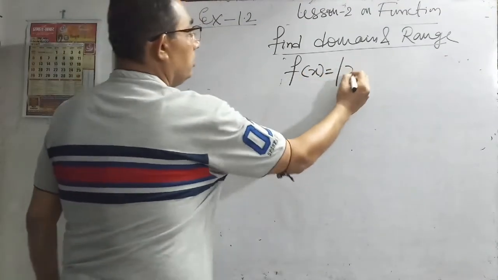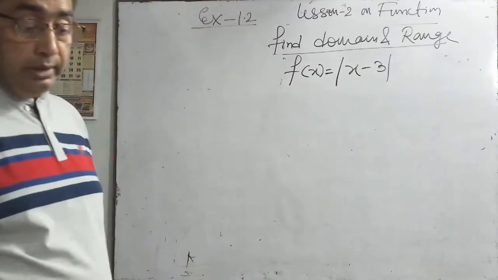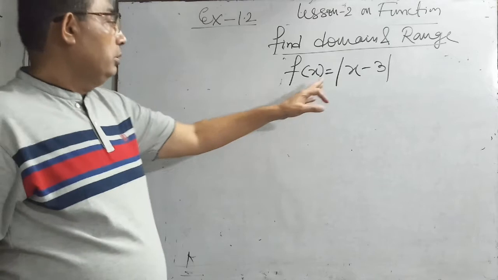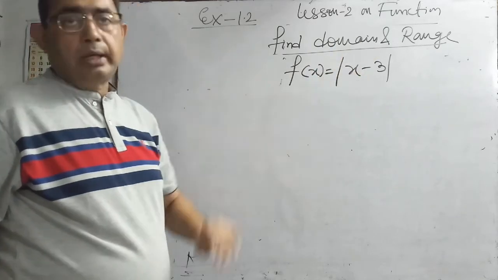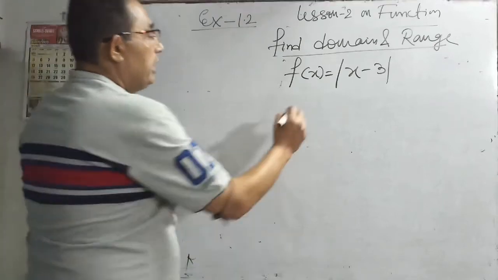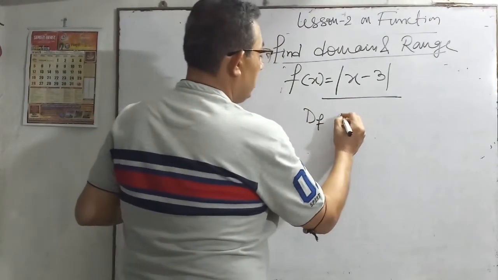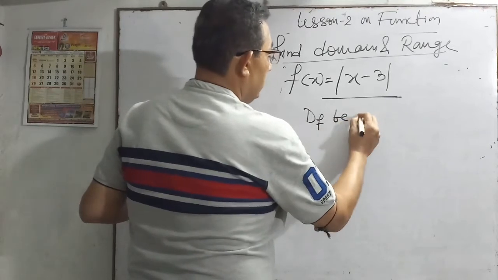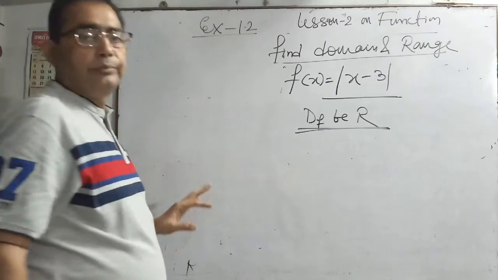Next question. f(x) equals modulus of x minus 3. This value for domain will always be a real number.